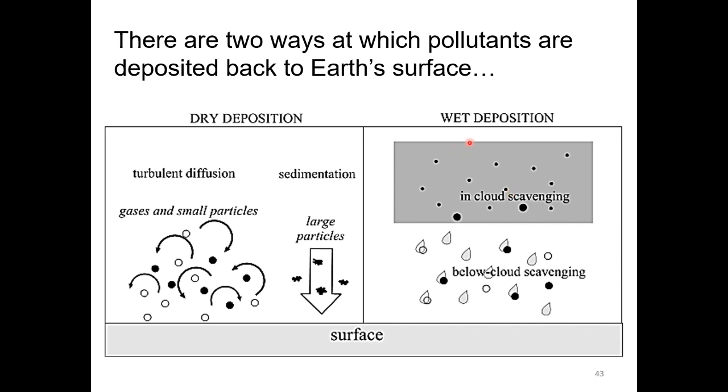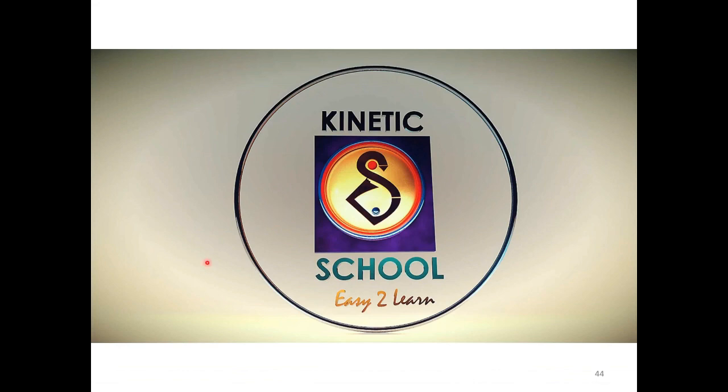So where there are clouds, it collects gases and small particles in the clouds. And when it rains, the pollutants within the air mix or are being collected through the rain.